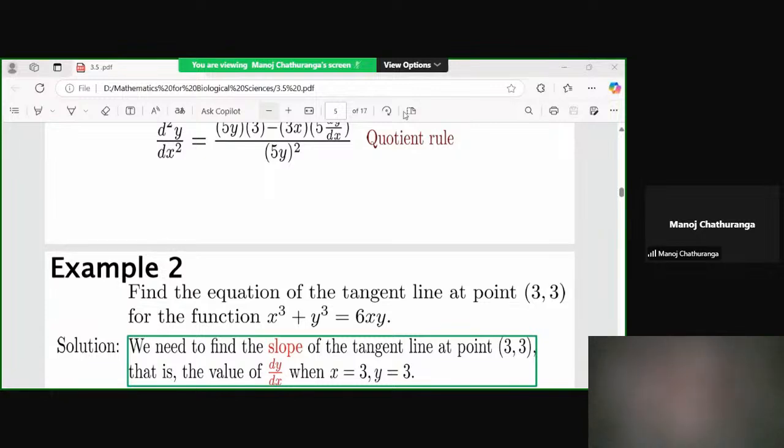I got one answer. So let me see. x to the third plus y to the third equals 6xy.